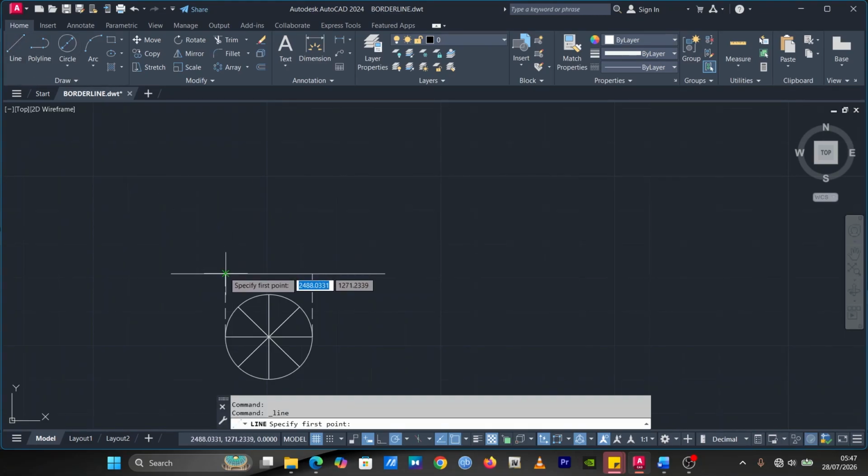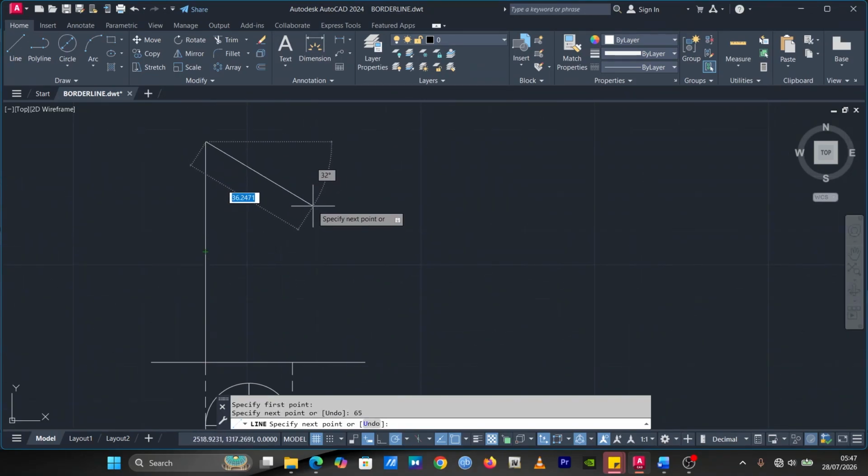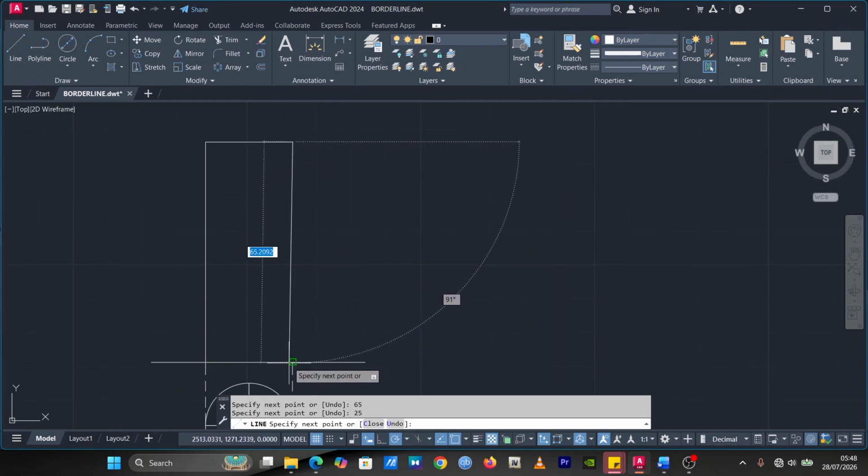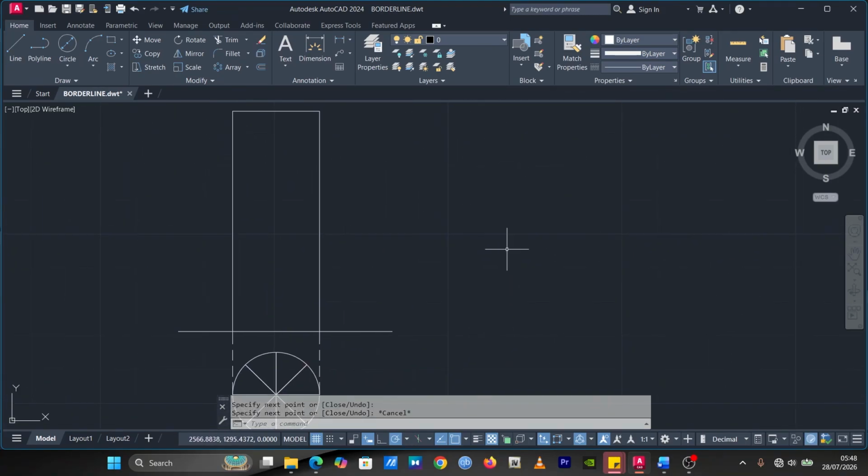So we pick this tool, we measure a distance of 65, and we know that this side is going to be a length of 25 because the diameter of the circle is 25, and then you meet it right here, 65 again. Good. So we are going to have something like this.